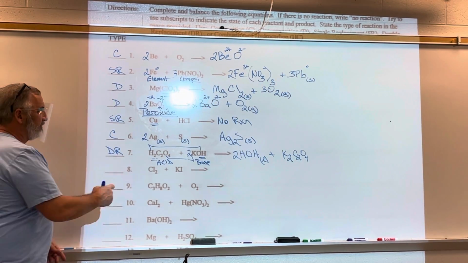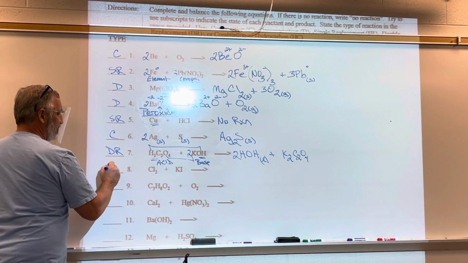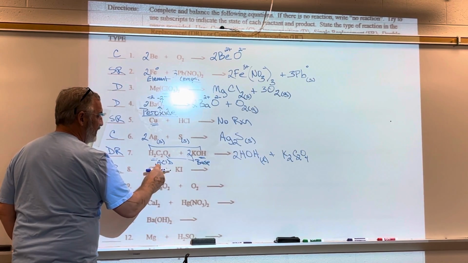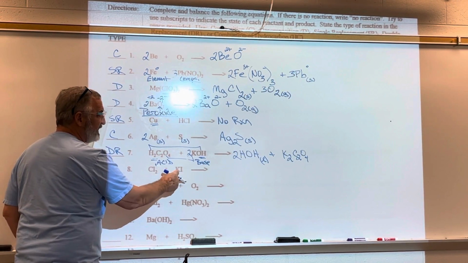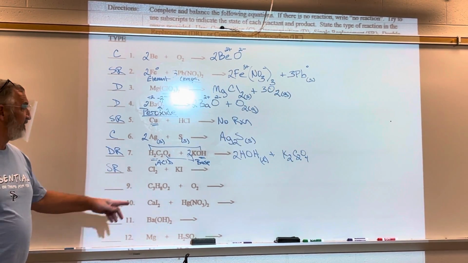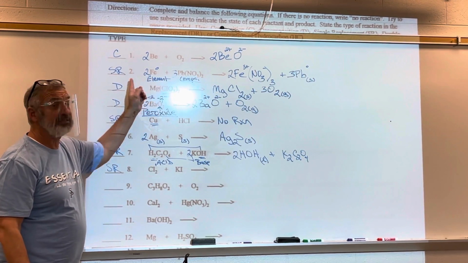All right, what type of reaction is this one? Single replacement, but now again, chlorine is neutral here, but is chlorine going to be attracted to the iodine in the same family or the metallic potassium? Potassium, okay, because this time we're replacing the negative thing, and before we were replacing the positive thing.